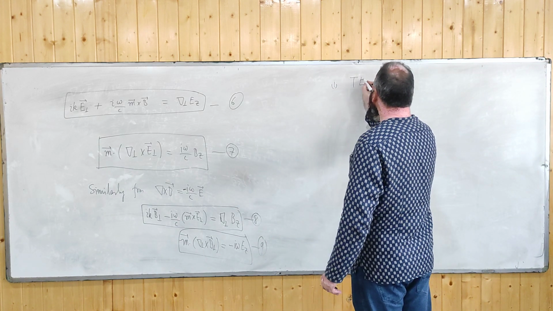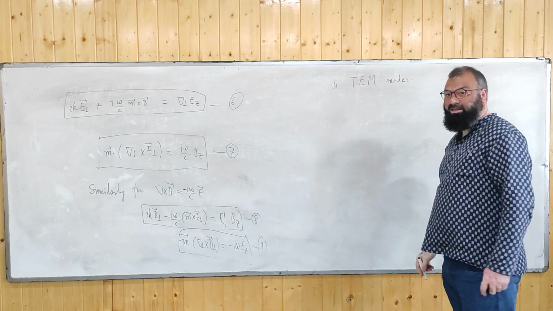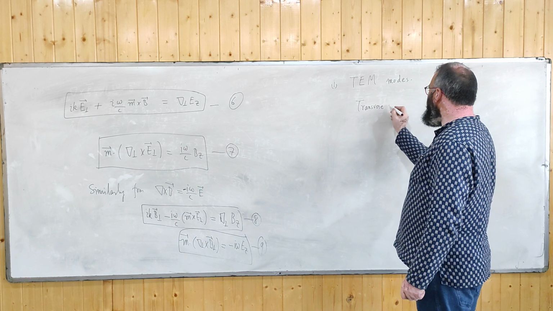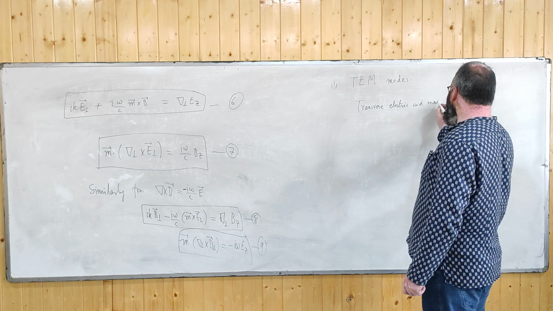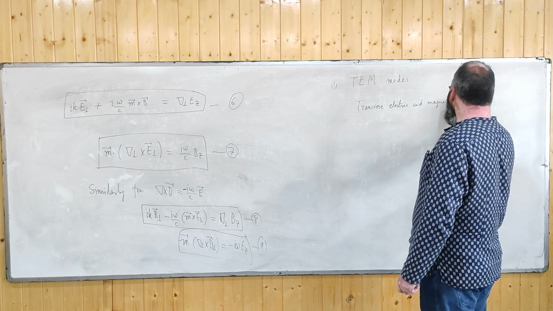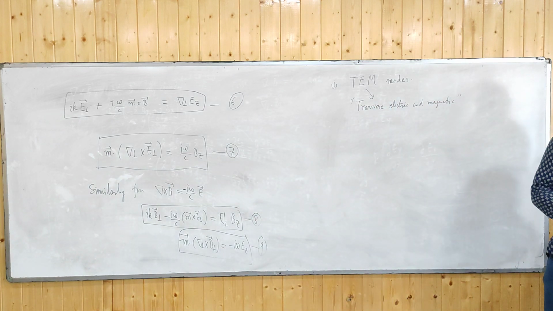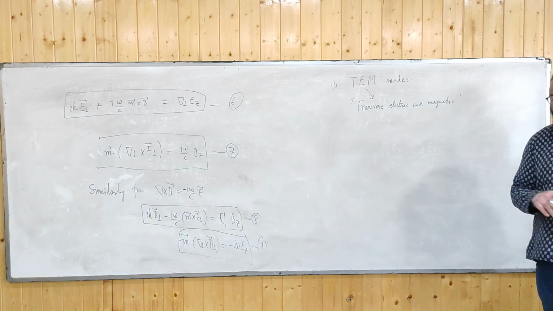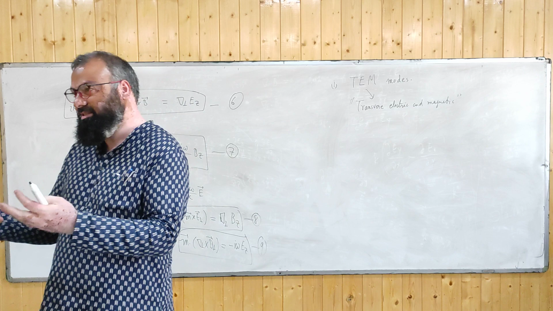We call them TEM modes, which means transverse electric and magnetic. What does that mean? What kind of modes are they? When I say transverse modes, it means you allow only the transverse modes in your problem. Okay, so this is one of the conditions.